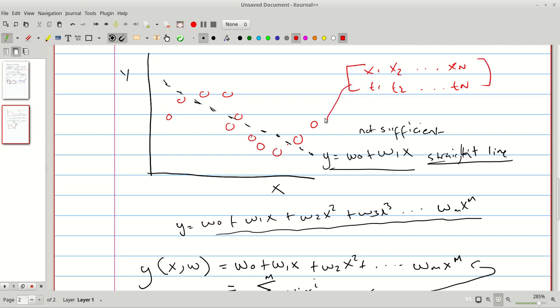This is the data set that we have here. That's what this data set is representing, x and the corresponding t's. So now we want to make a model such that if you give it an x, it will try to find a corresponding t value that is as close to the actual t value as possible. So what do I mean by that?